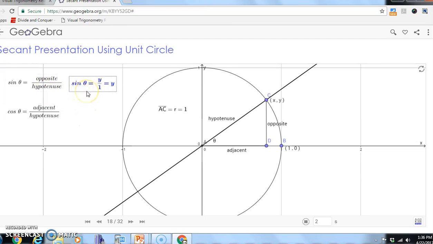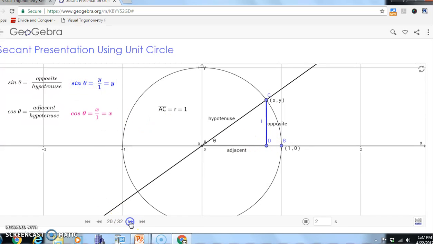Since sine theta is opposite over hypotenuse, and opposite of angle theta would be my y, I can write that as y over 1. Remember, my hypotenuse is 1. Or essentially I can say that sine theta is equal to y. And so I'll highlight this in blue. The length of this segment would actually represent the sine of theta.